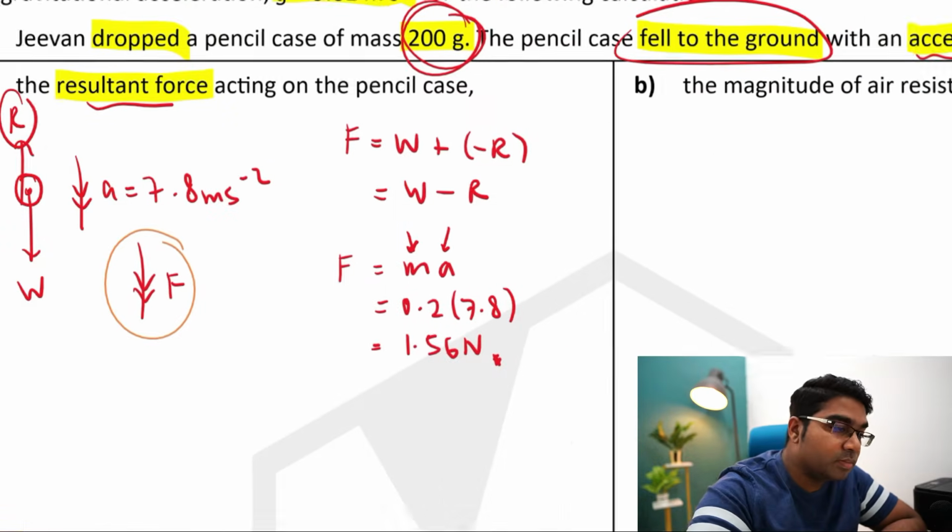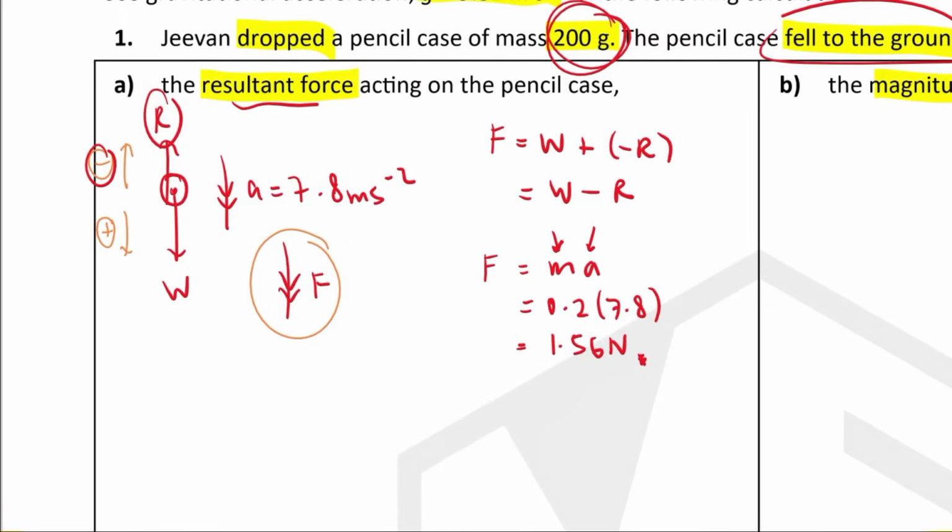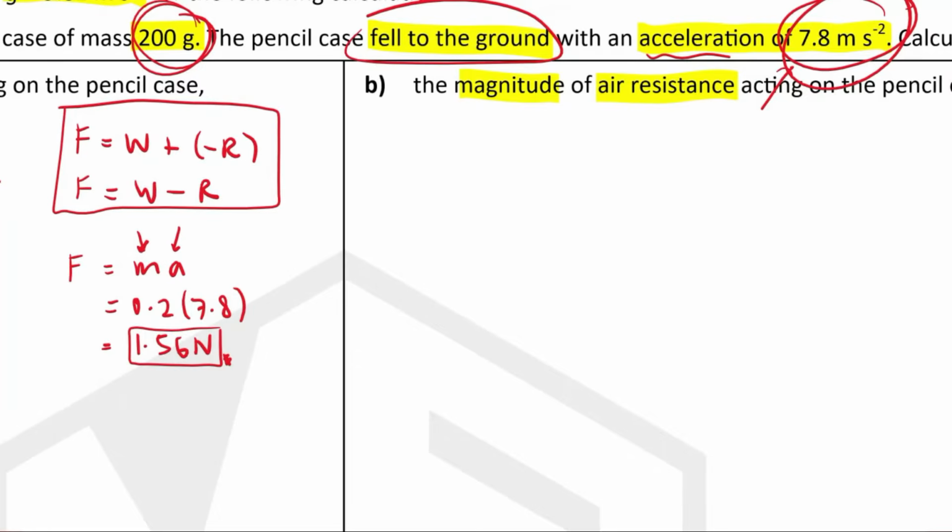Let's try the second question. Calculate the magnitude of air resistance acting on the pencil case. Based on what we did earlier, we already know resultant force is equal to W minus R, and the resultant force has a magnitude of 1.56 newtons. Therefore, W minus R equals 1.56.